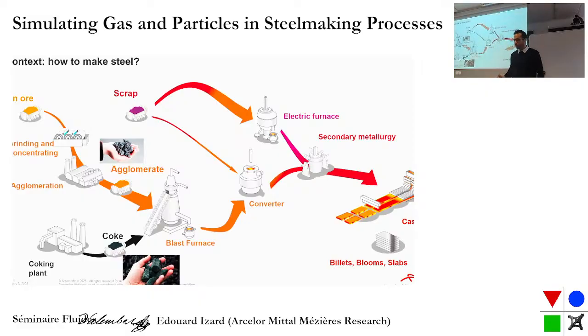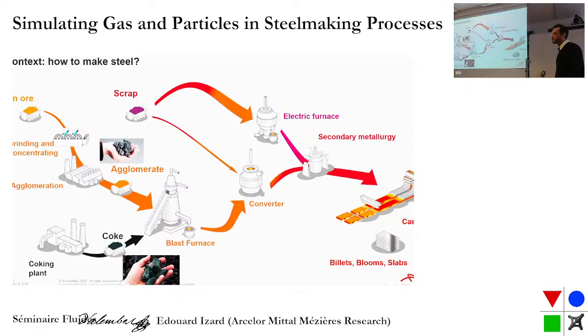As you may know, steel can be recycled, so we are using some recycled steel, which is named scrap, to add also in other melting processes. And sometimes we have a mix, so we use pig iron, then mix with some scrap, depending on the composition we want to make.